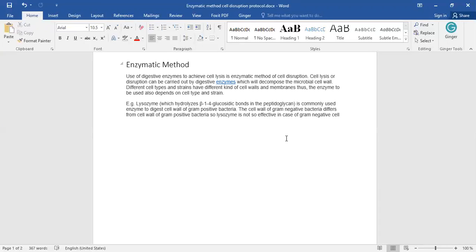Enzymes have some activity which can be used for the decomposition of the cell wall. An example is lysozyme. Lysozyme has the ability to hydrolyze the beta-1,4 glycosidic bond between the peptidoglycan.